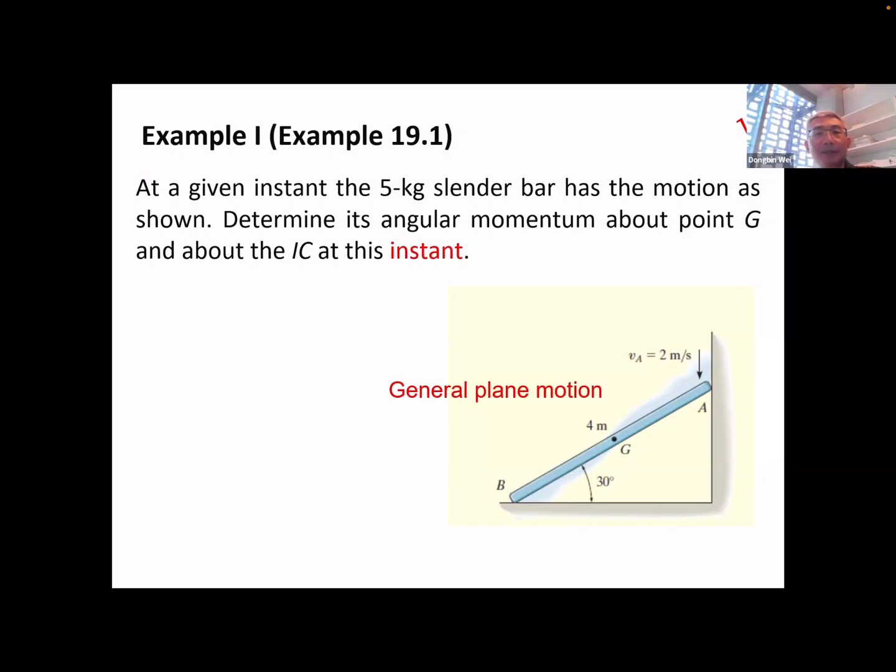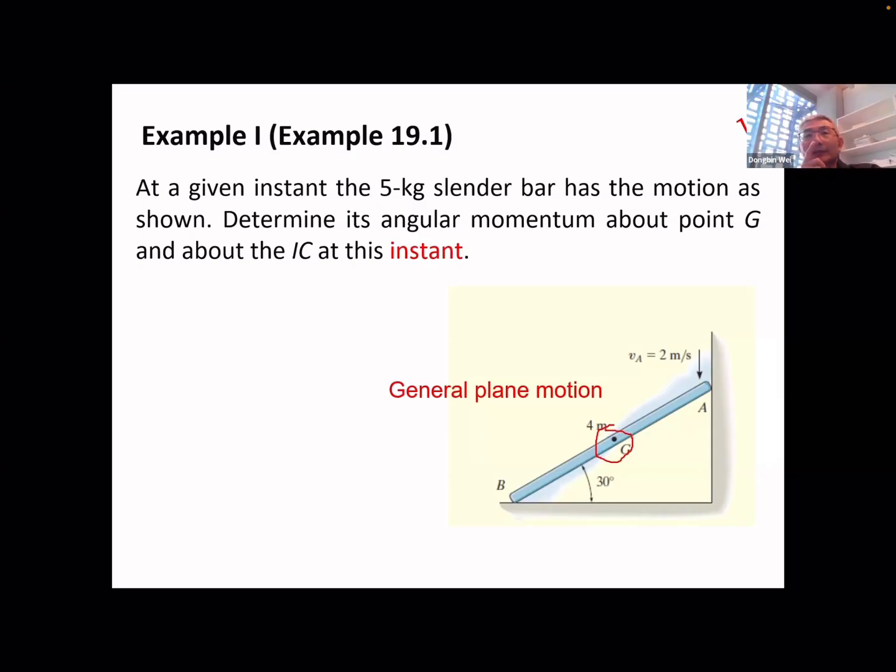Okay, now the task is to determine the angular momentum about the mass center point G, and also the angular momentum about the IC point of the rigid body at this instant. So we will see how to calculate angular momentum about these 2 points.